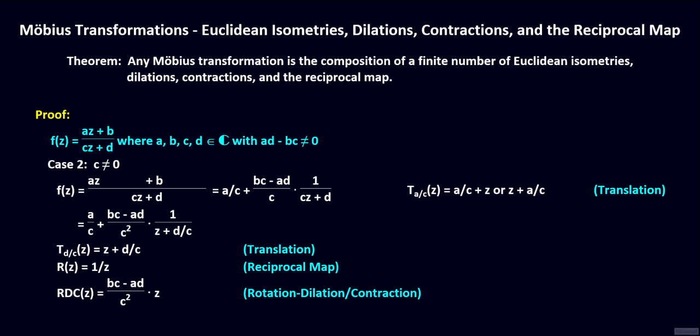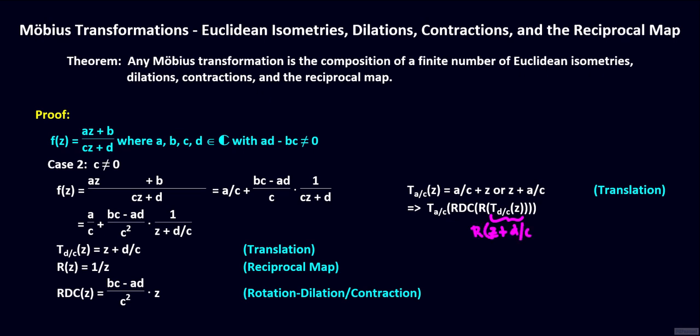We now verify that f of z equals t sub a over c of RdC of R of t sub d over c of z. t sub d over c of z is z plus d over c.